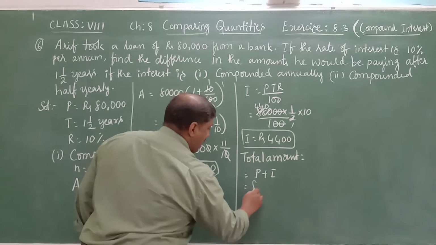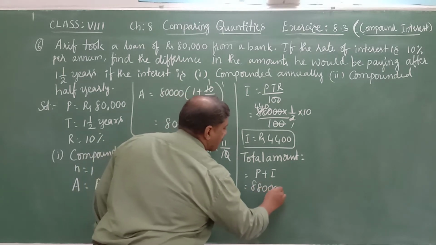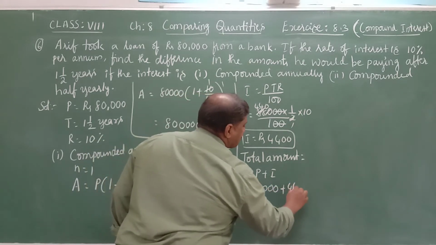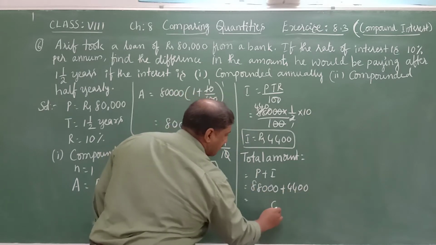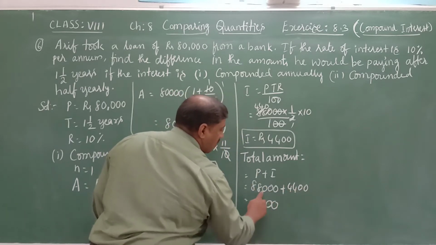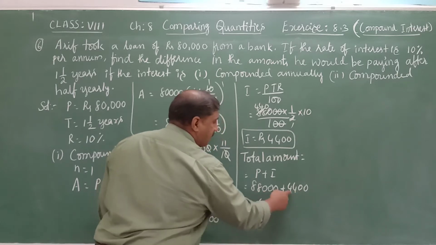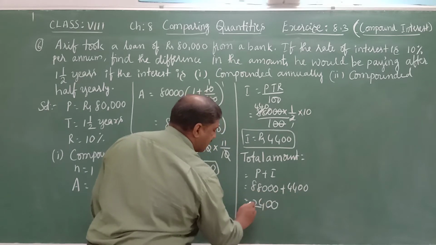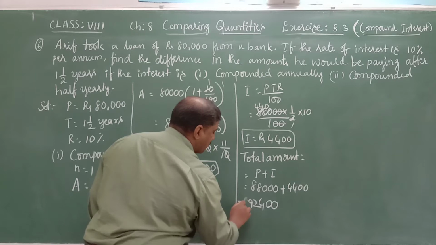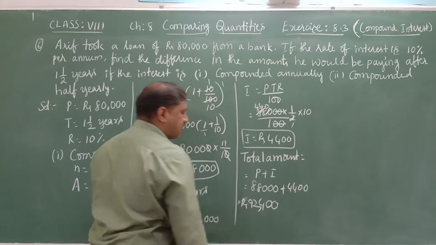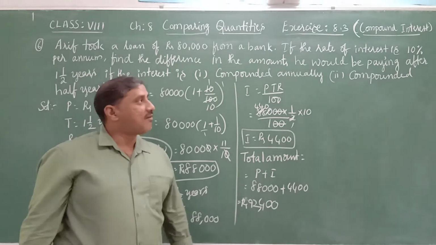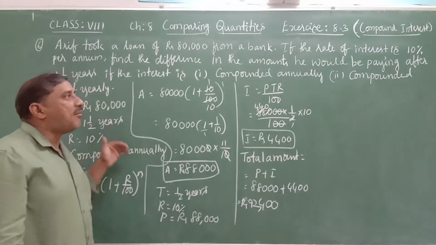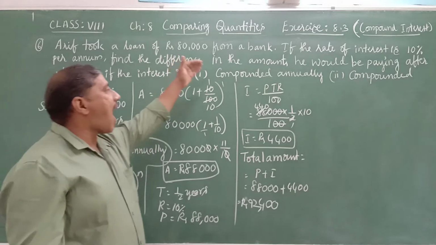Principal is 88,000 plus 4,400. So by adding this what do we get? 0 plus 0, 0, 0 plus 0, 0, 0 plus 4, 4, 8 plus 4, 12, 1 plus 8, 9. So how much he has to pay? 92,400 rupees he has to pay after 1.5 year if the compound interest is calculated annually.